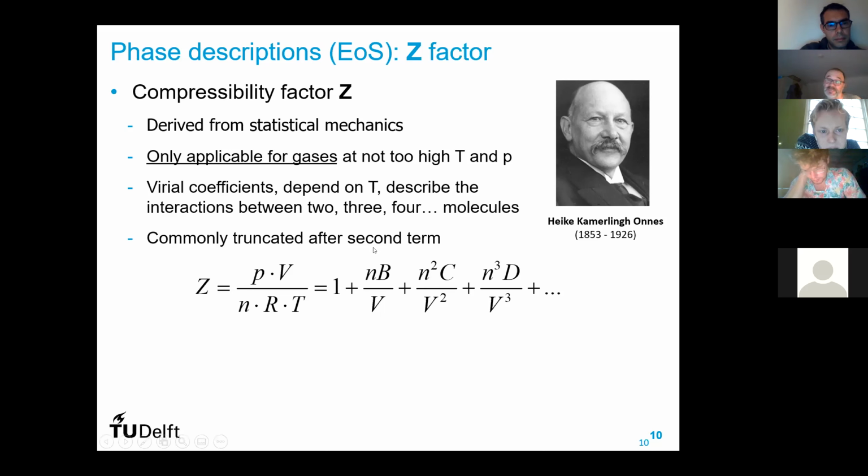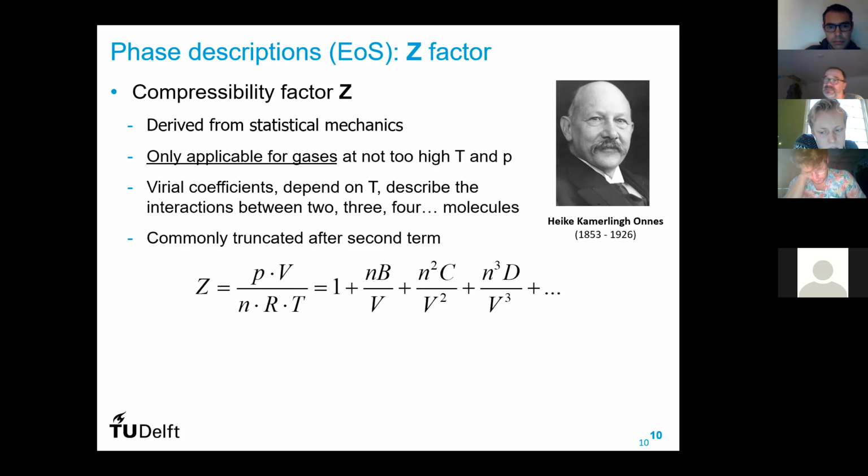Two molecules is this, NB over V. Then for three molecules is this one, etc., etc. Most of the time we're truncating it, but always remember that all of our equations of state, all of our computed compressibility factors, only rely on the interaction between at most two molecules.